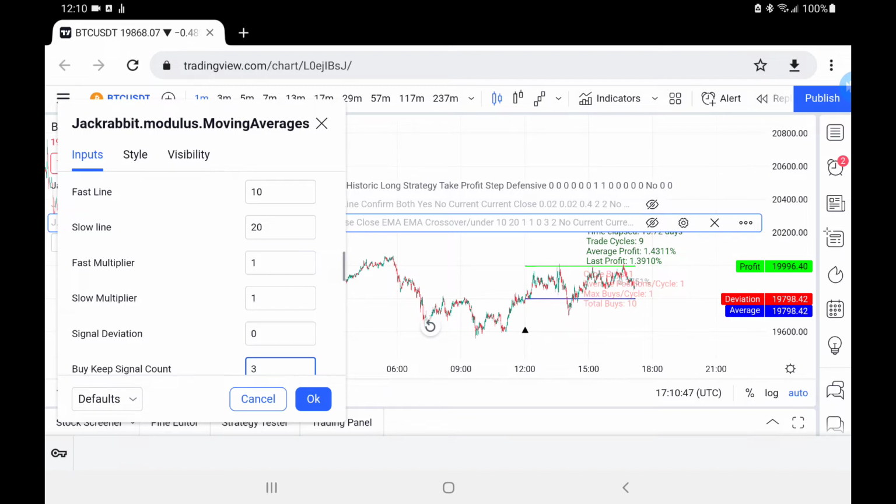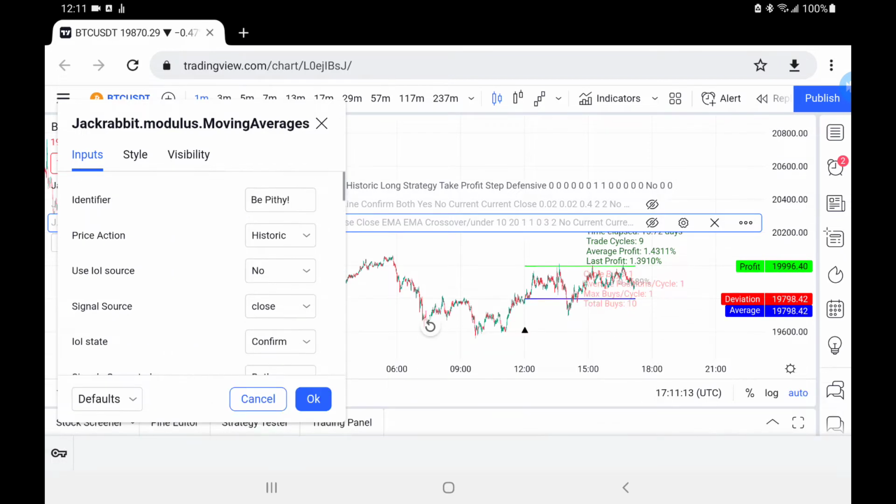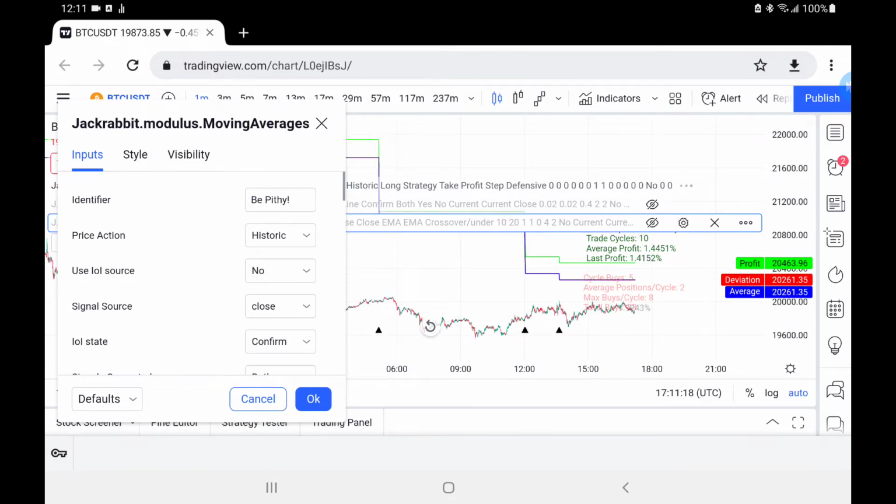Trade cycles went to 9. Now let's see what happens if I increase my selling candles. Now not much because I'm using a take profit. But if I was to be using the strategy itself, which does work very well for this, it would have an impact there. But for now, let's just focus on the number of buy candles.